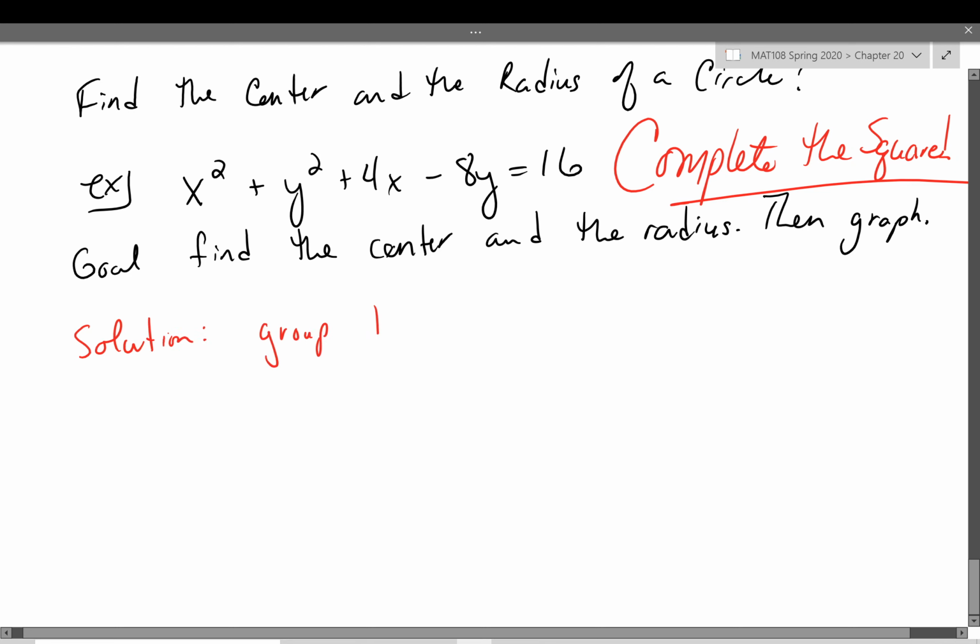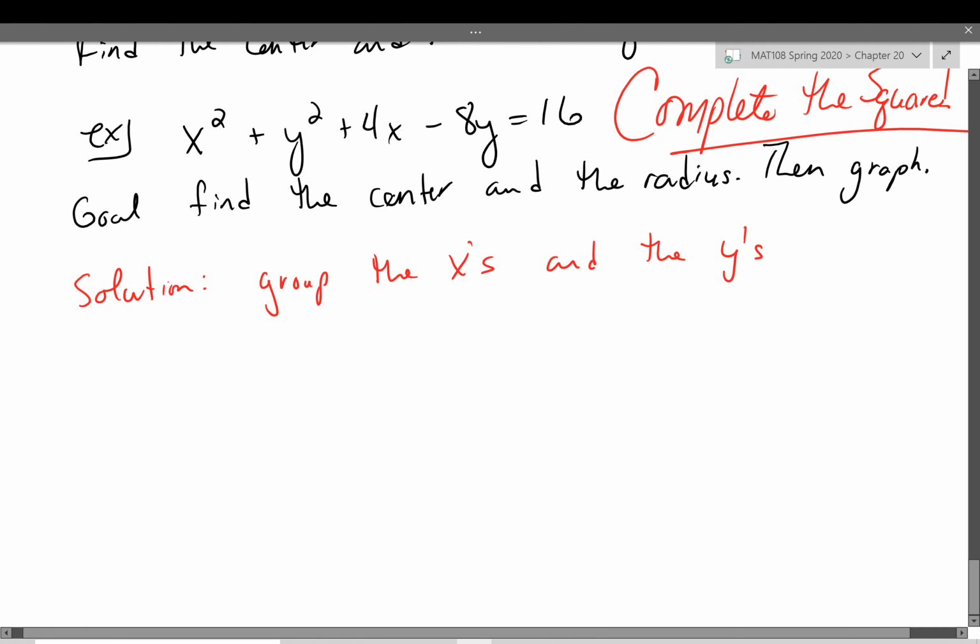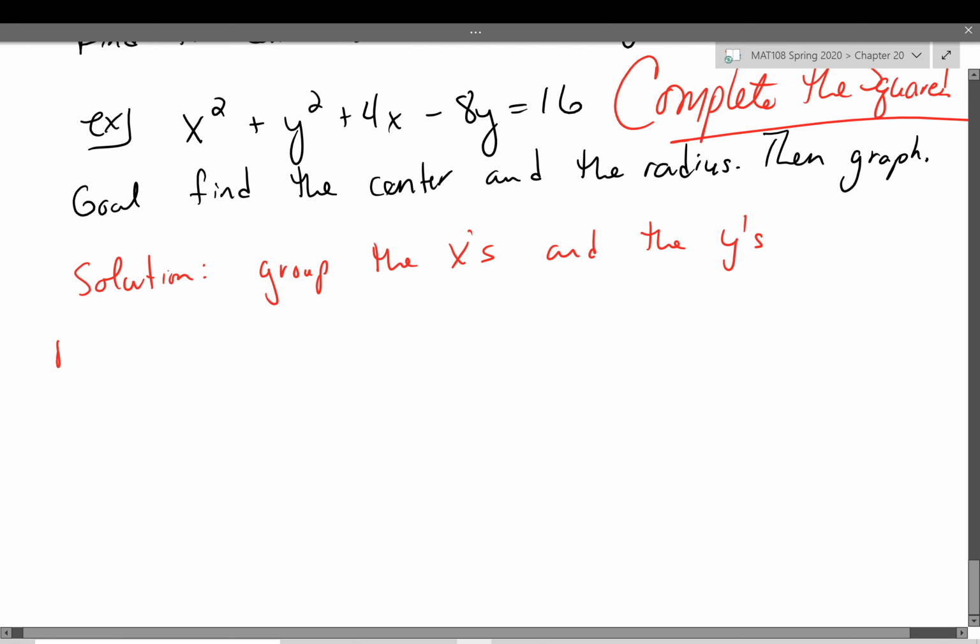Group the x's and the y's. All right? So what I'm going to do is rewrite it as such. X squared plus 4x, all right, plus y squared minus 8y equals 16, okay?